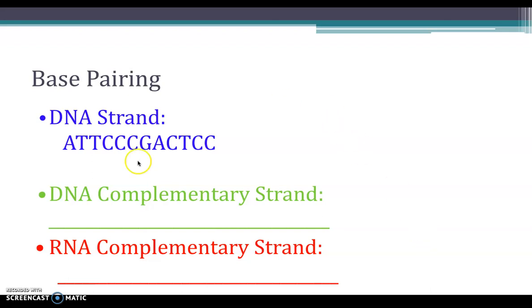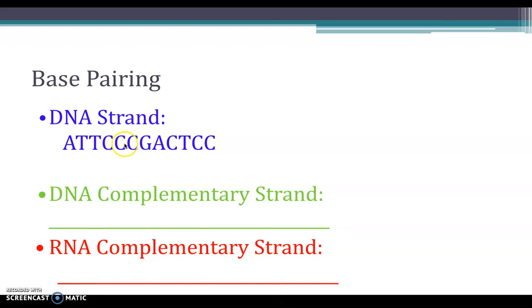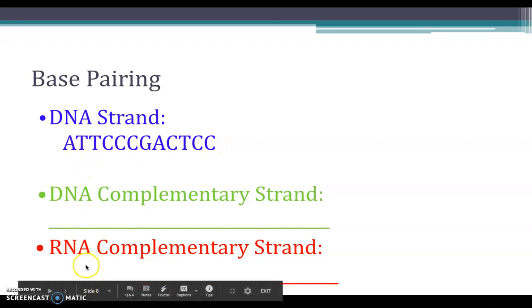So A would bond with U, uracil. T would pair with A: T, A, G, G, G, C, U, G, A, G, G. So notice that whenever you see a T, it's still going to code for an A on the complementary strand, but when you see the A, it's going to code for the U.